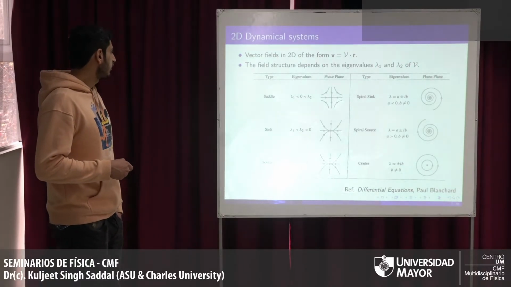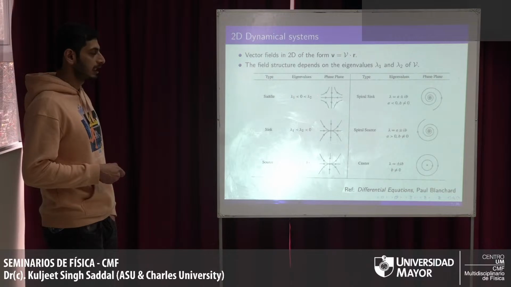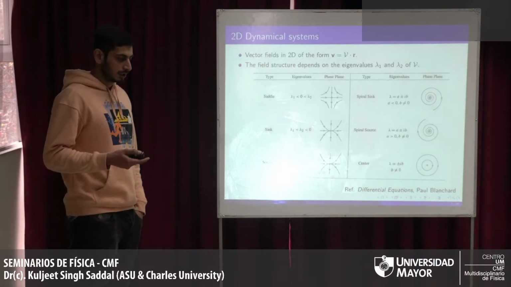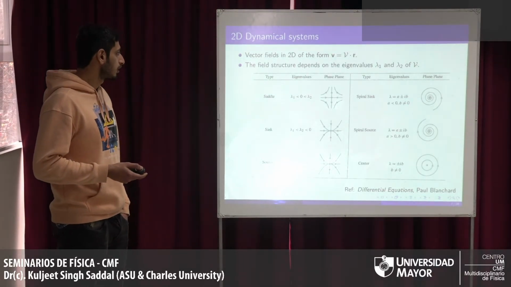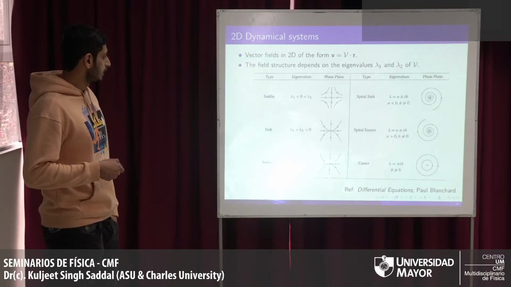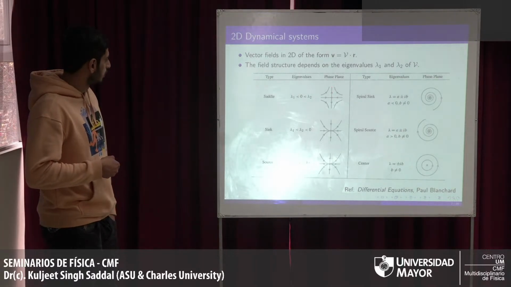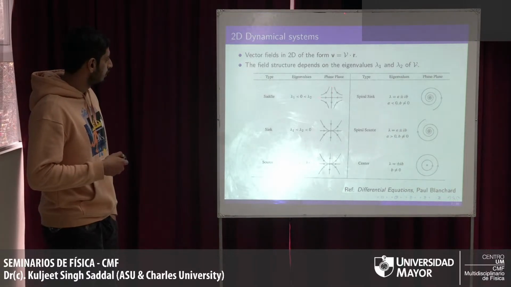So when we have real eigenvalues with different signs, we get a saddle point. The field lines look like hyperbolae, and they come in along one asymptote towards the null point, and go out along the other asymptote. So the field lines come in and go out.